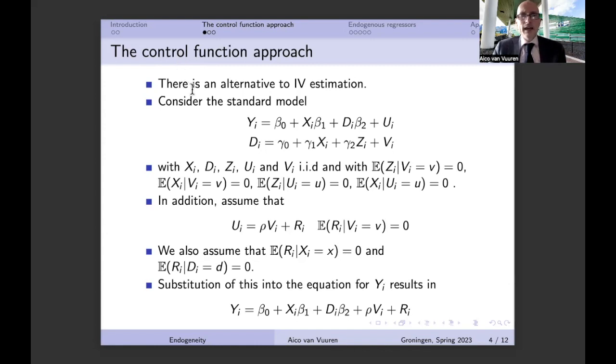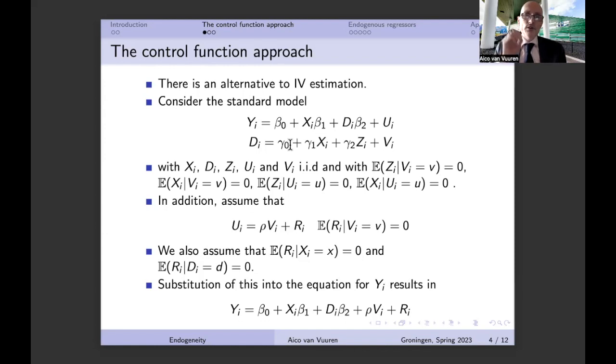The control function approach can be seen as an alternative to IV estimation. IV estimation is something that you have already heard about many, many times before. It is a very general method to take endogeneity into account, to take into account that you have an endogenous regressor. It makes it possible to still consistently estimate our beta coefficients in the case that we have an endogenous regressor.